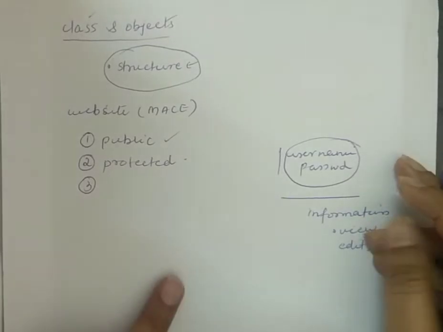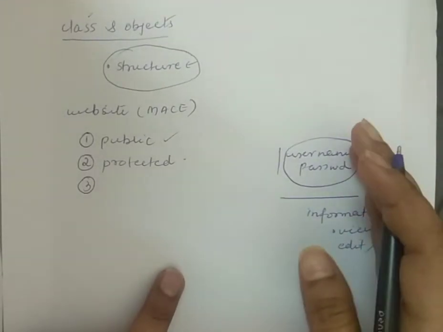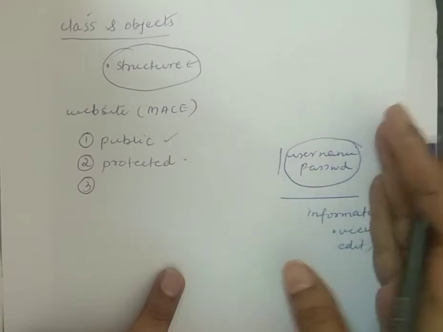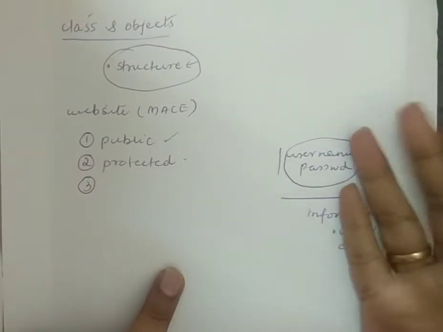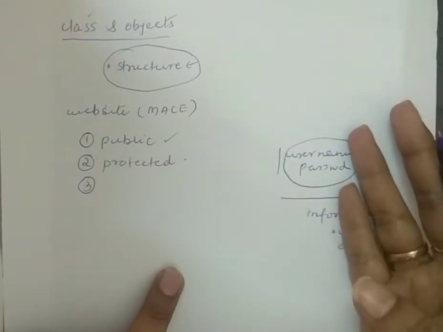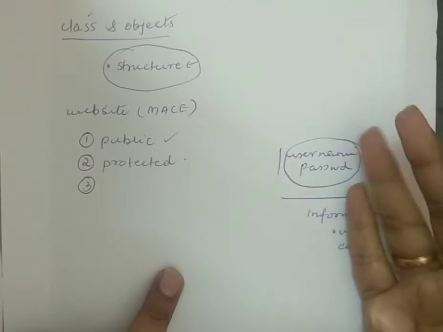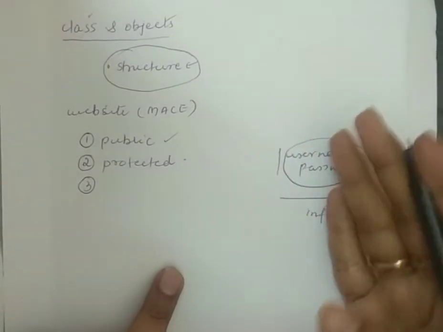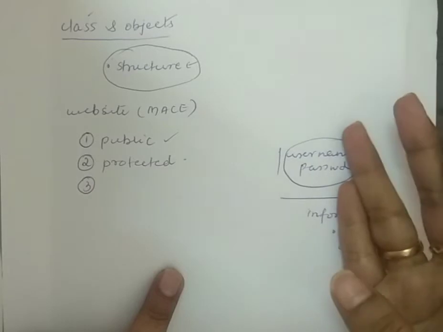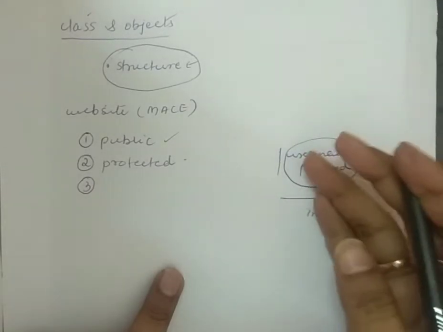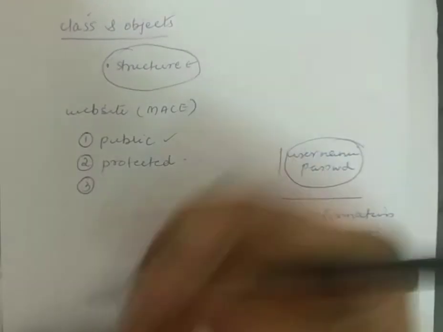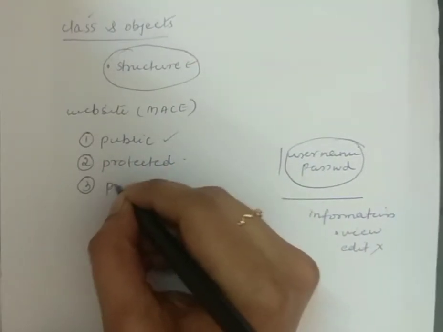Editing is not possible. Maybe your teacher or the admin can edit those informations, but you, as a student, will not be able to edit them. Those informations are made private to you. So the third category is private.